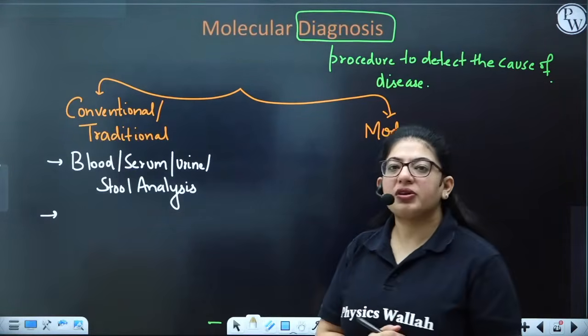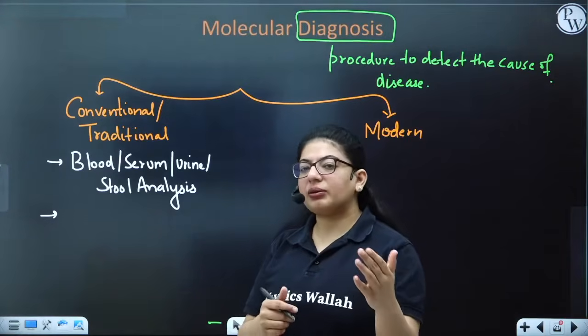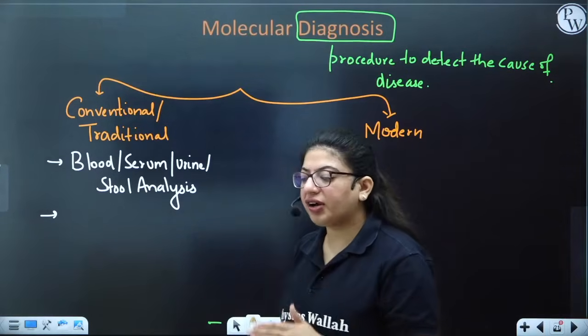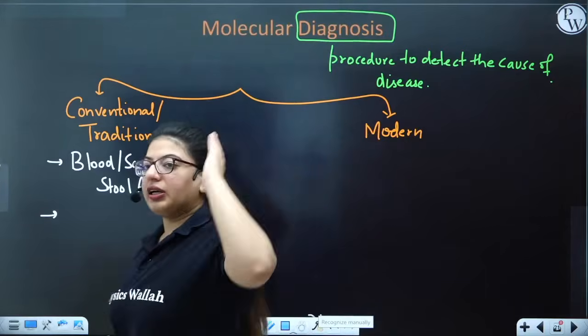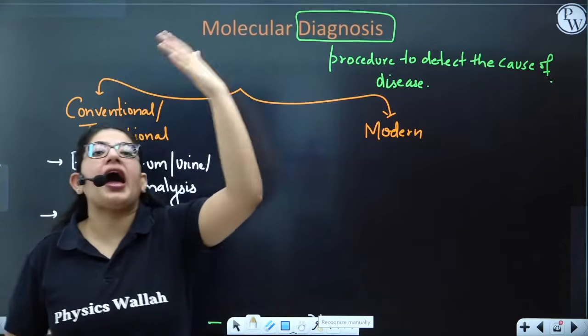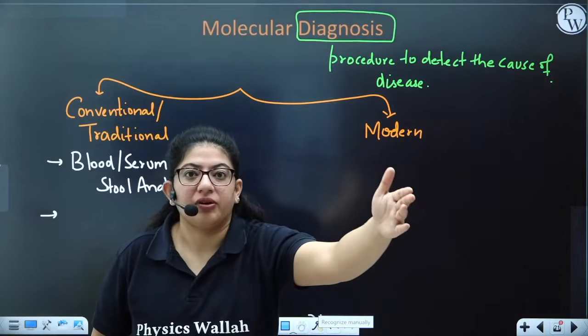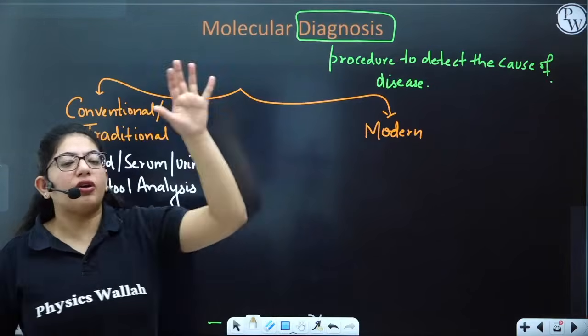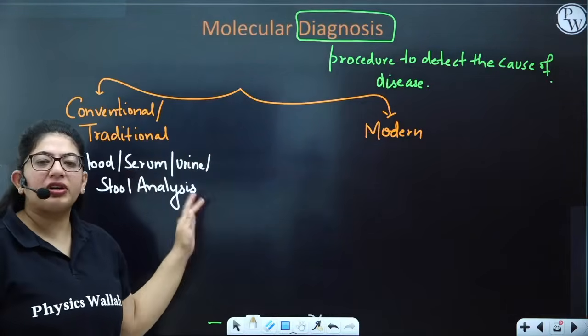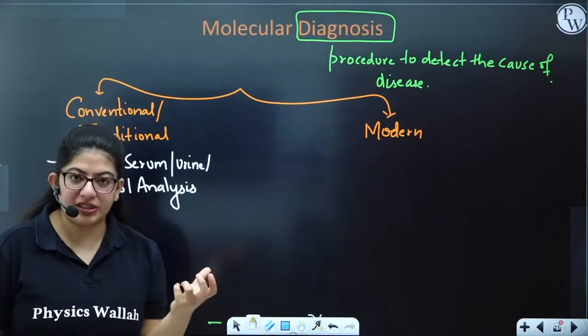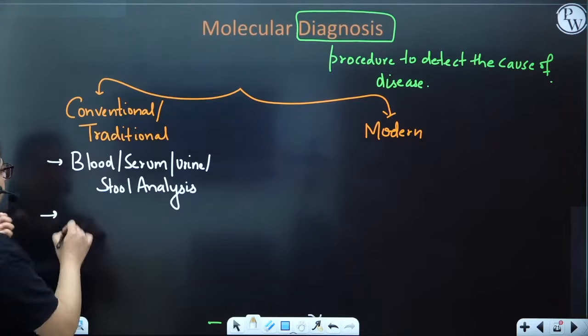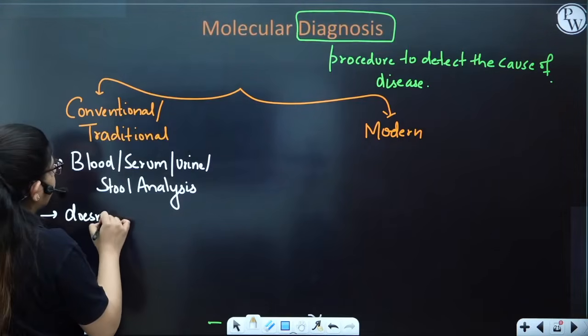If a person has diabetes, that will be reflected in the blood. That means you cannot find out in the early stages that a person may have diabetes in the future, right? These tests will only let you know about a disease when a person has caught the disease. So this does not tell about early diagnosis.